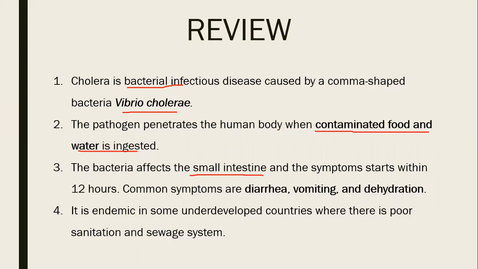It destroys the function of the small intestine, and the symptoms start within 12 hours. And diarrhea, vomiting, and dehydration, losing water, are the common symptoms of cholera. And we learned that cholera is an endemic disease which is seen generally in underdeveloped countries, in poor countries, because there's no sanitation, not good hygiene, and no effective sewage system.